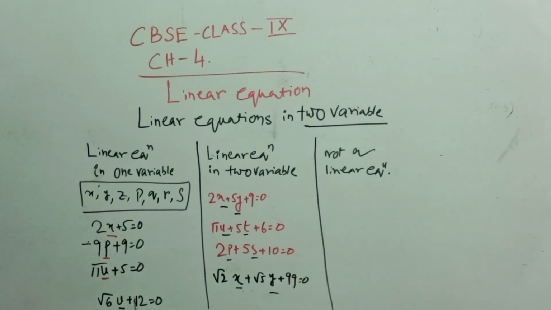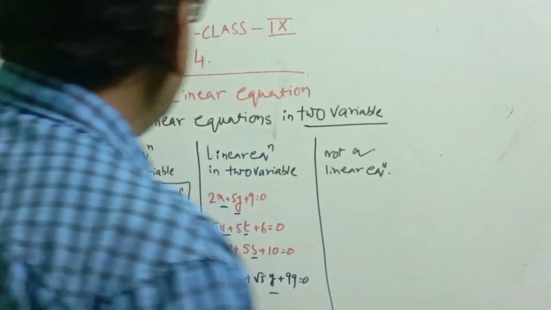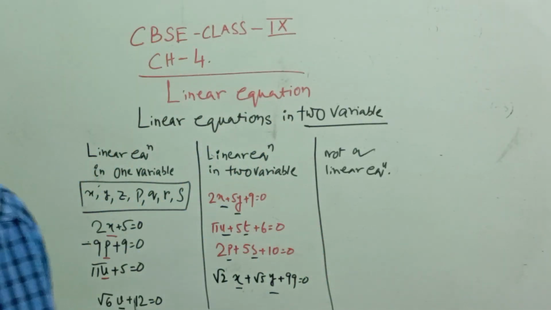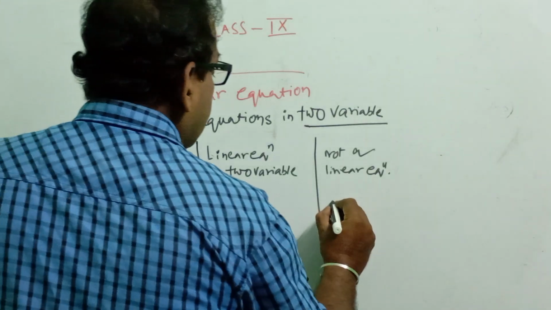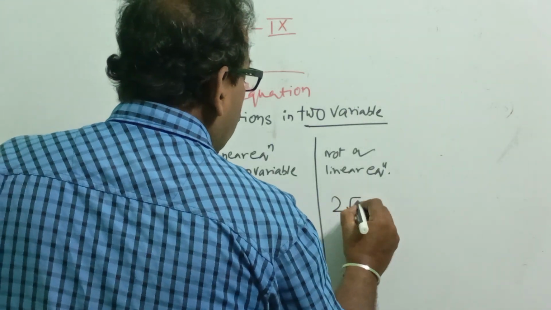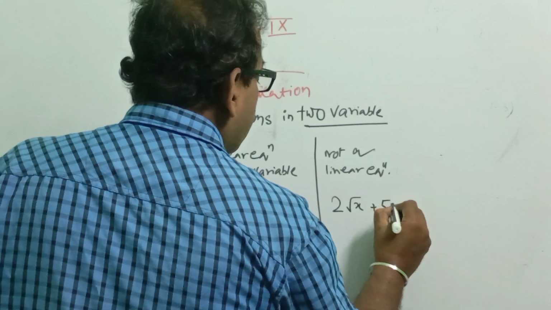Now what is a linear equation? The equation must have the power 1. What is not a linear equation? I am writing that: root 2x plus 5.